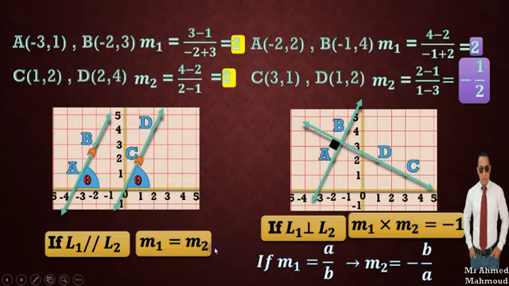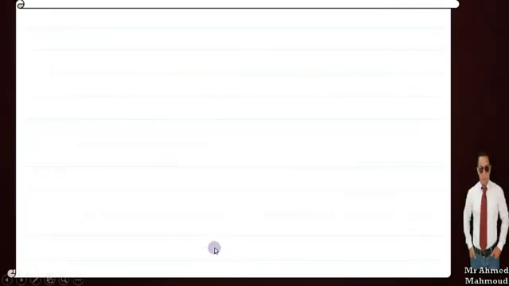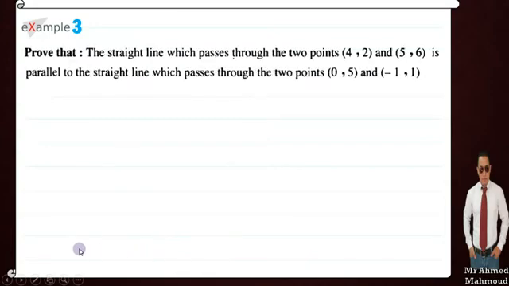Okay, let's solve the next question. Here we have example 3. The straight line which passes through (4, 2) and (5, 6) is parallel to the straight line which passes through the two points (0, 5) and (-1, 1).